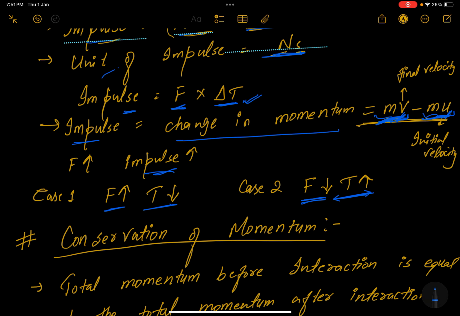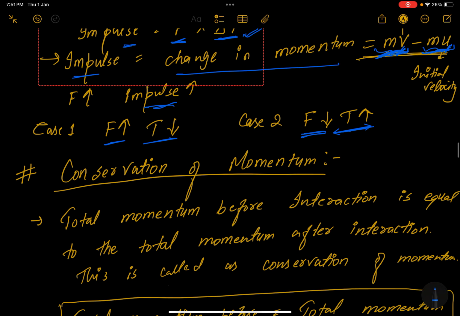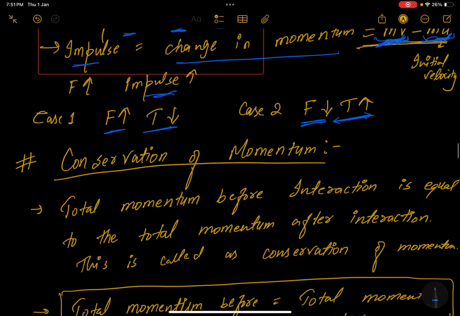That is why, for example, airbags are used in cars and cushions are used in jumping. These things just decrease the effect of that force, so that impulse will decrease.